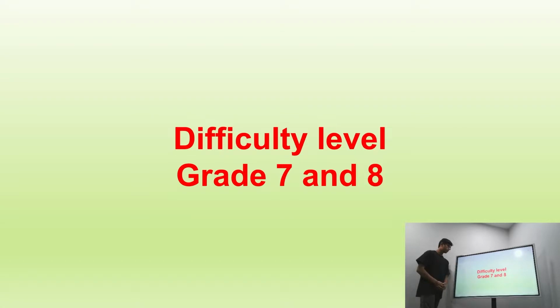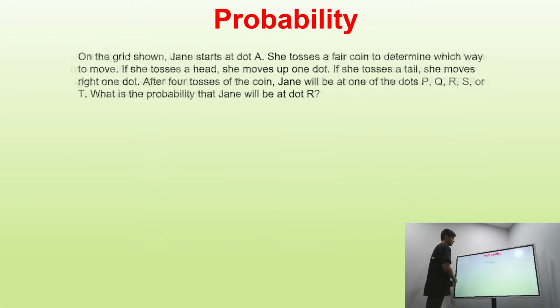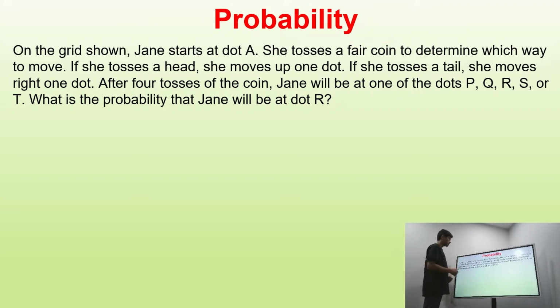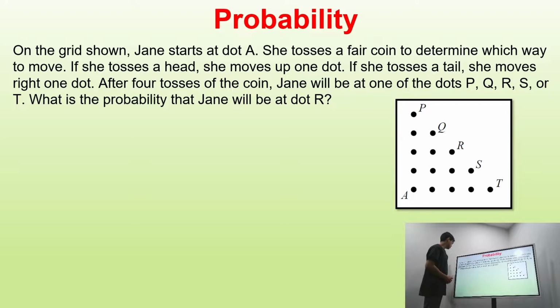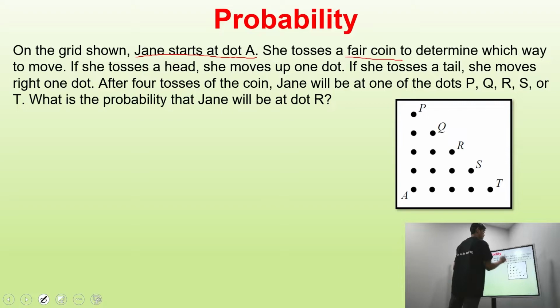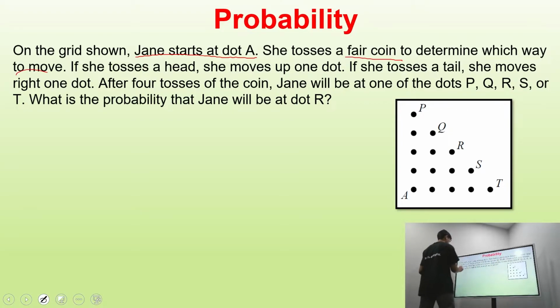So let's get started with what the problem is. Probability. Here is our question, and just before I read the question, I'll also pull up the diagram there. So the question reads, on the grid shown, Jane starts at dot A. She tosses a fair coin to determine which way to move.